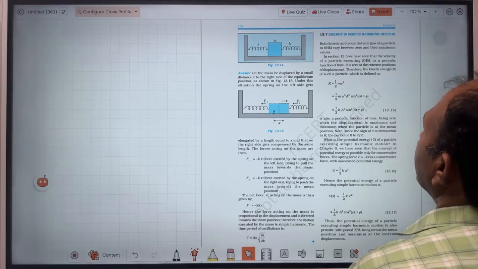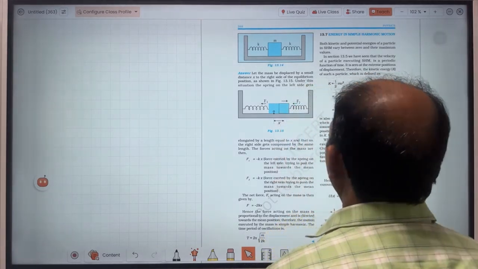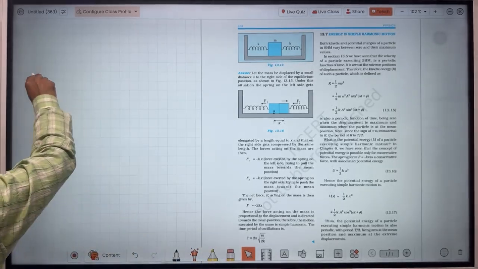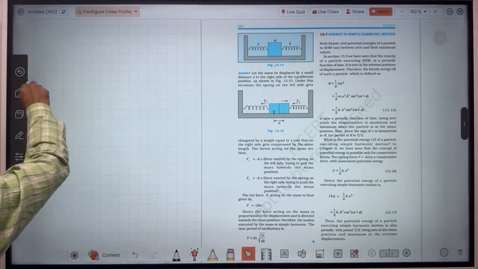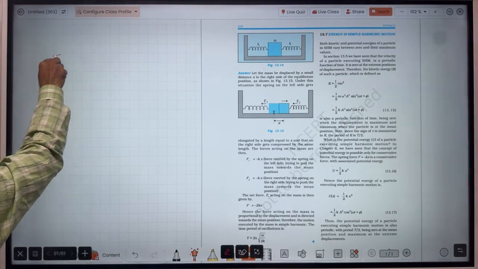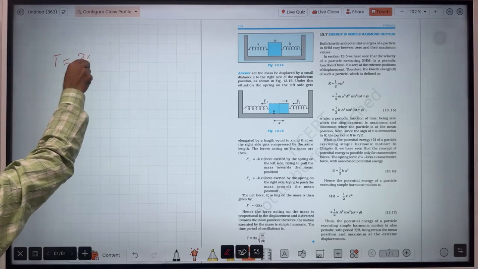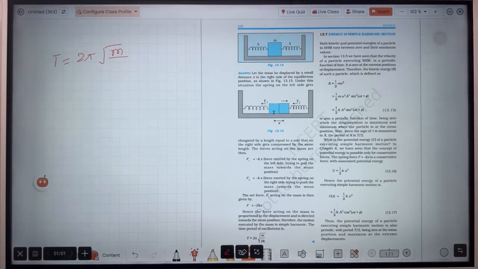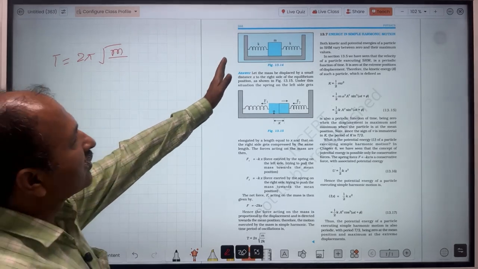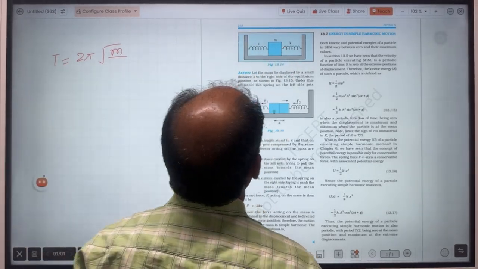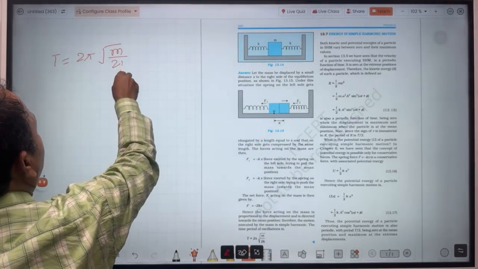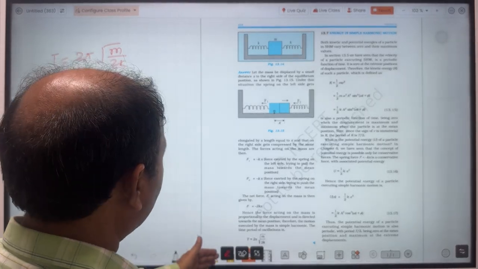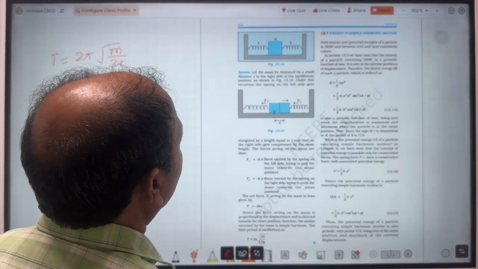So in this case, the force constant will get doubled. So here our relation of time period will become T equal to 2 pi root m upon, in place of k, both k must be added, so we will get 2k. So this is the case that they have discussed here.